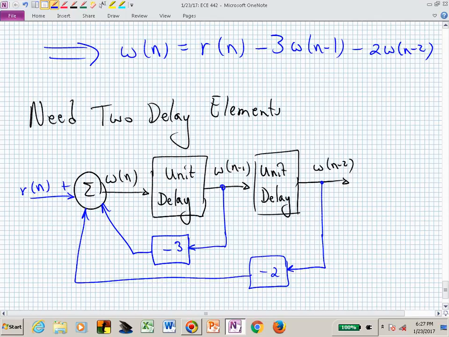Let's now create a state space representation in discrete time. The only thing that you need to do now is label the outputs of the delay blocks as state variables. How many state variables do you have for this system?